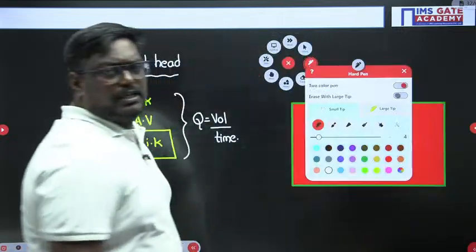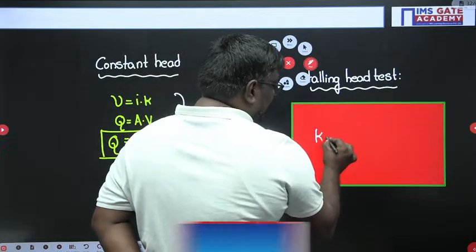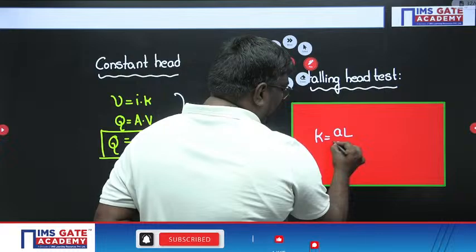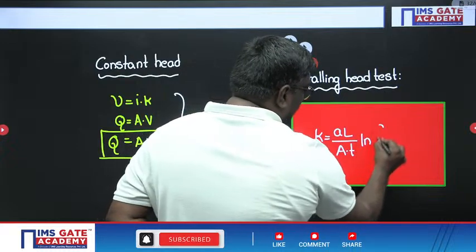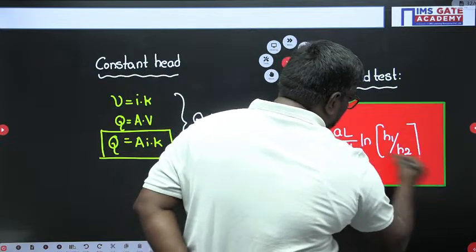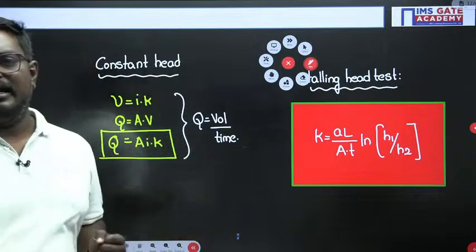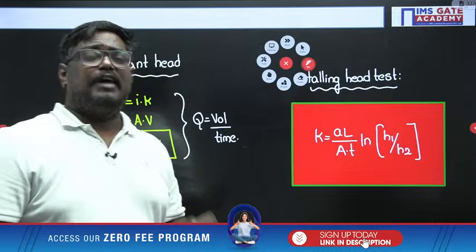Falling head test is suitable for fine-grained soils and it is given by the formula k = (aL / At) into ln(h1 / h2). So this is the formula for the variable head test, which is suitable for fine-grained soils.